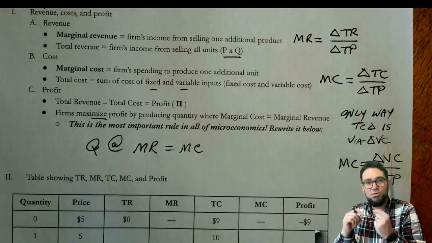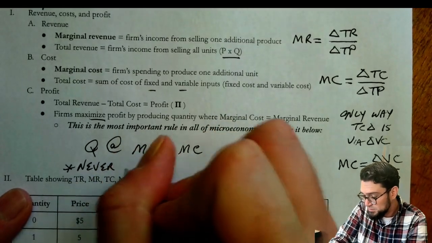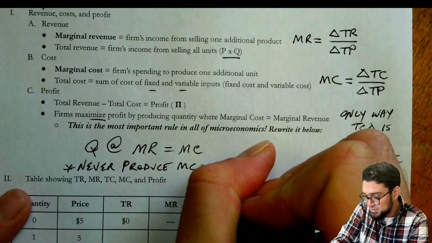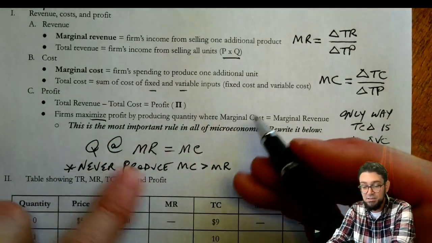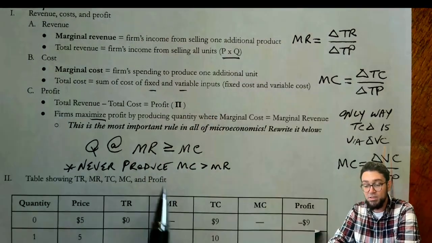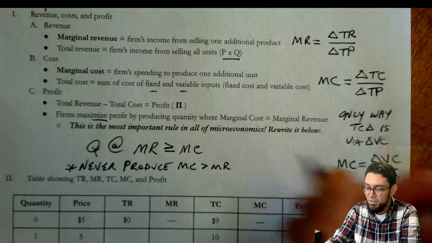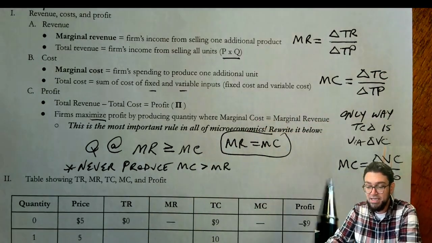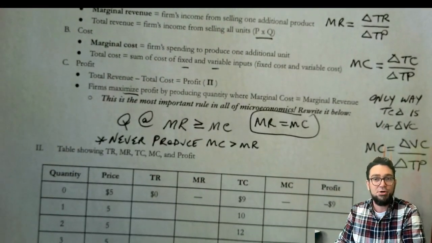You would never want to produce a unit, I'm going to put this here, never produce where MC is greater than MR. So sometimes this rule is written as produce the quantity where MR is greater than or equal to MC. But actually, the closer that you can get to MR equals MC in terms of quantity, without the marginal cost going over, is where you're going to get the most profit.